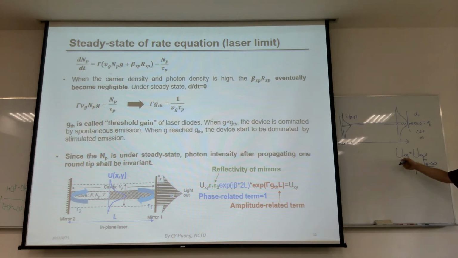While we are doing the intensity, we need to take a square, then it will be gamma G minus alpha. But now it is only the field, so we need to divide it by 2.